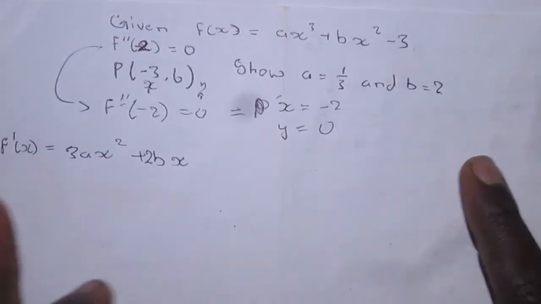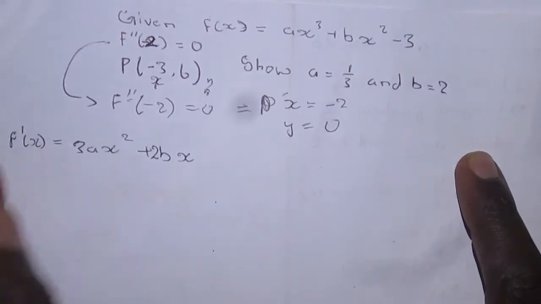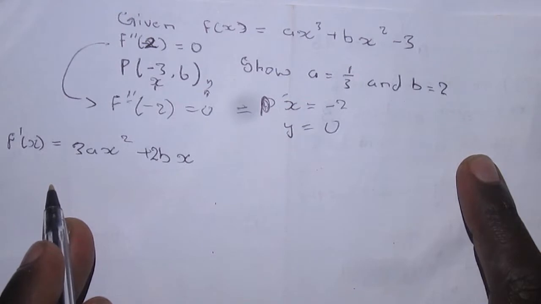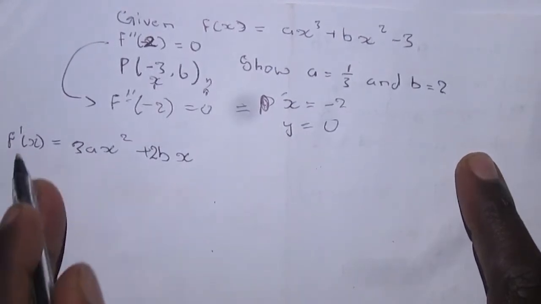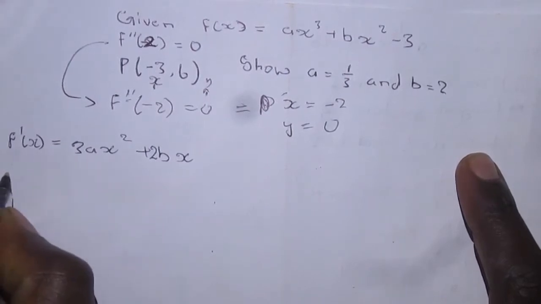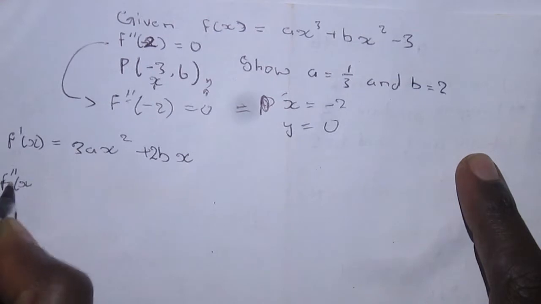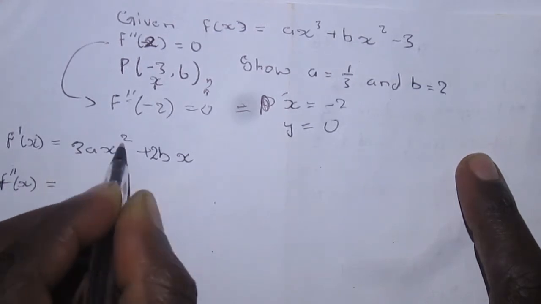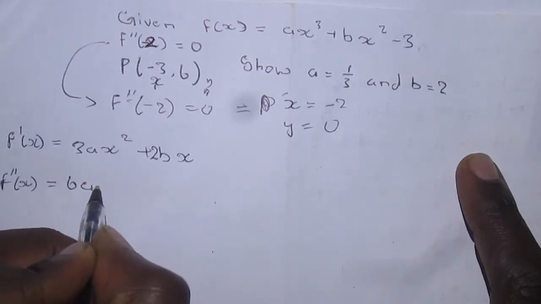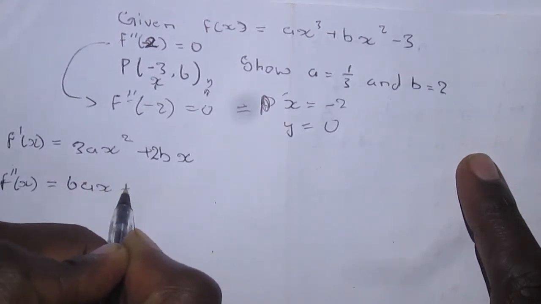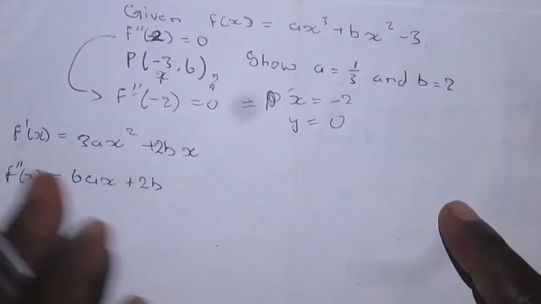Now we differentiate for the second time, and the second derivative of f of x is equal to 6ax plus 2b.